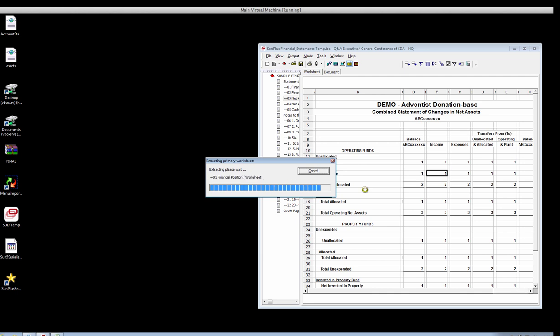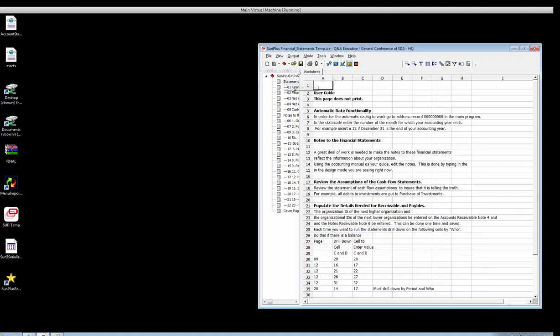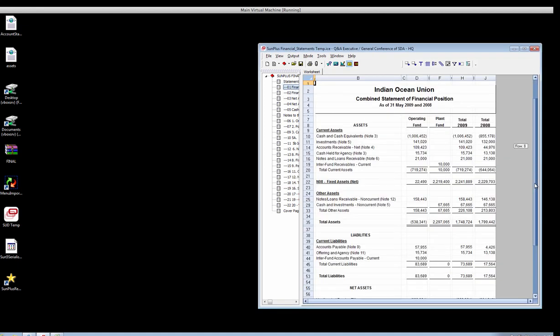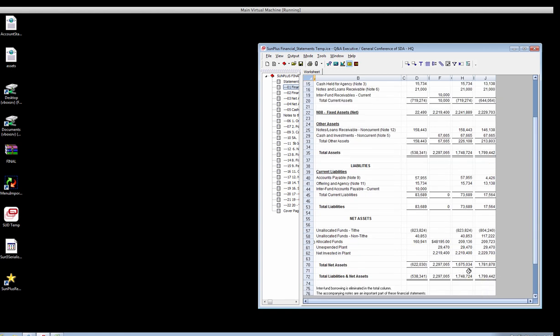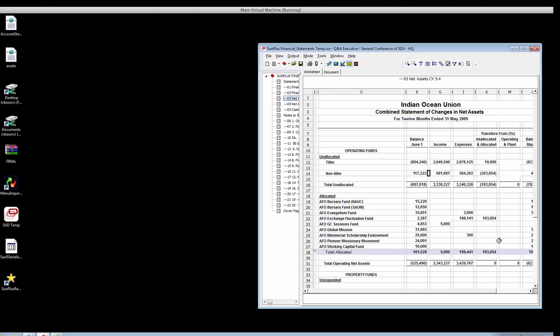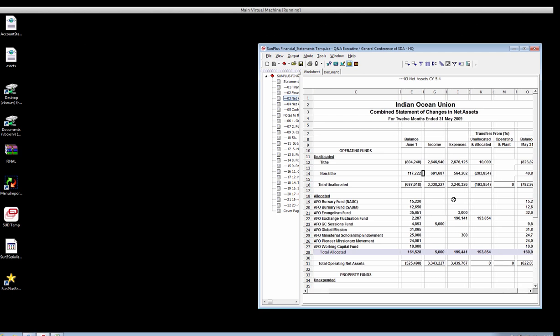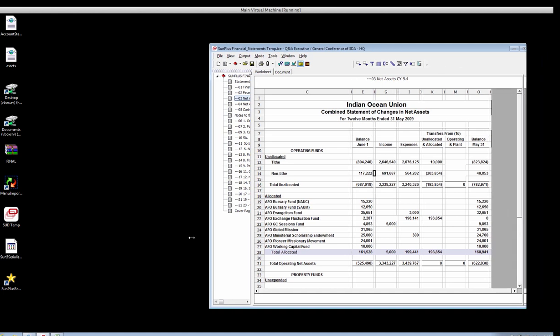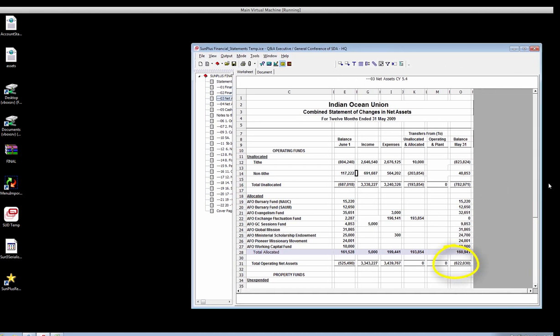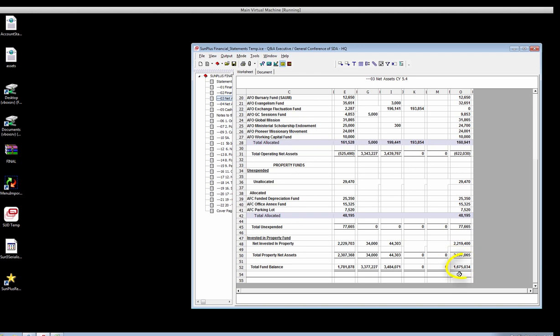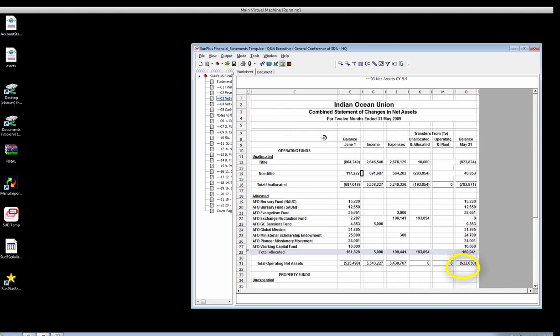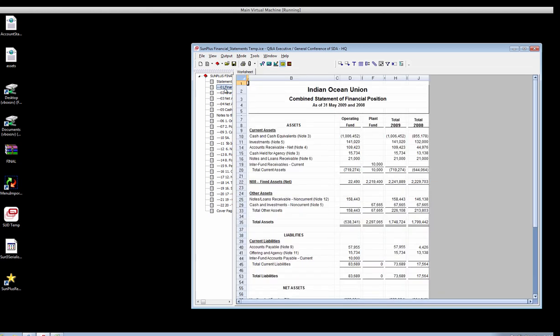Before we look at our results, let's remind ourselves of what the ending balance is supposed to be. 1675034, write that down, and then our operating fund is 622030, and we come right over here and we go 622030 and 1675034. So now it matches.